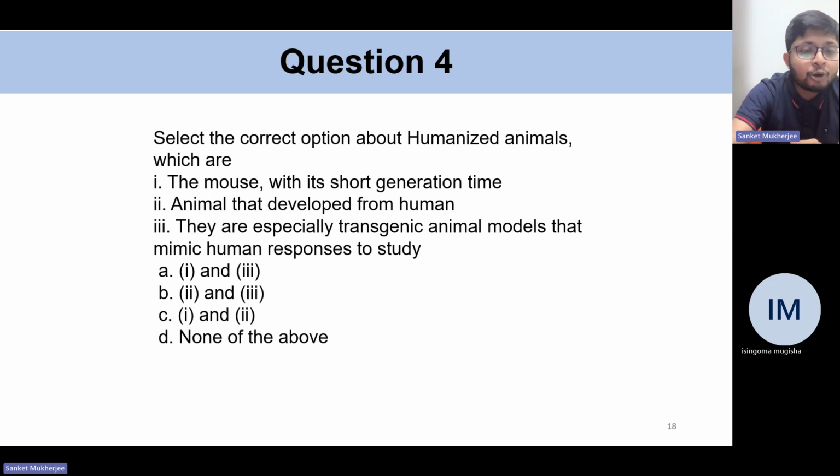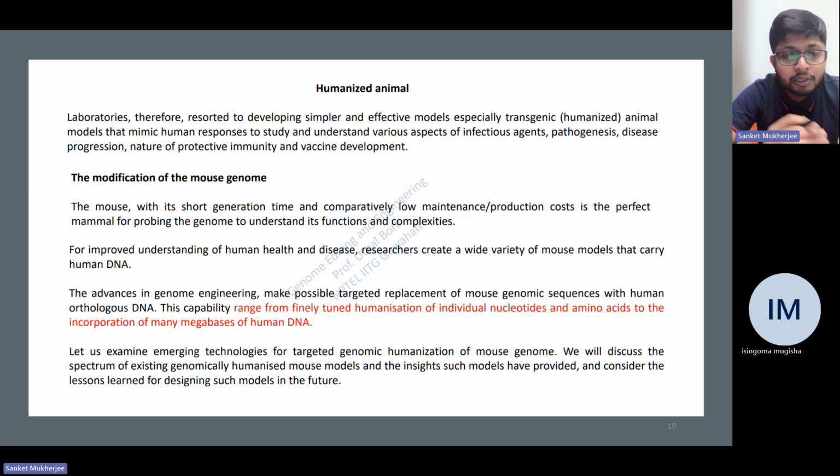Let's see what we have to discuss about humanized animals. Labs resorted to developing simpler and effective models, especially transgenics, that mimic human response to study and understand various aspects of infectious agents, pathogenesis, disease progression, nature of protective immunity, and vaccine development.